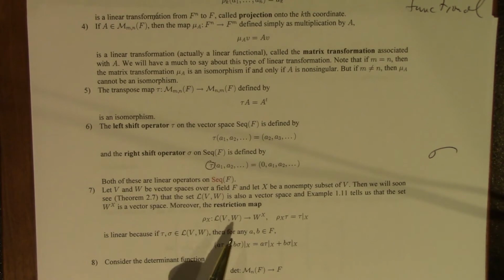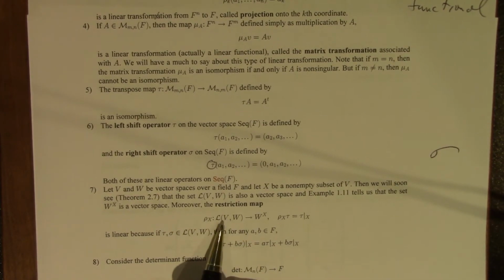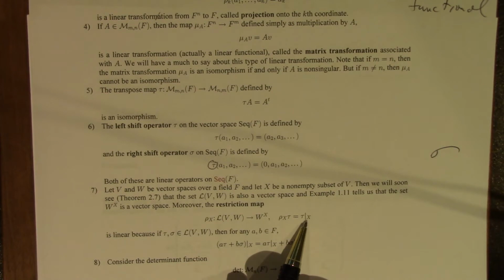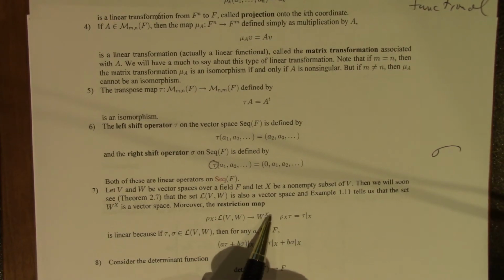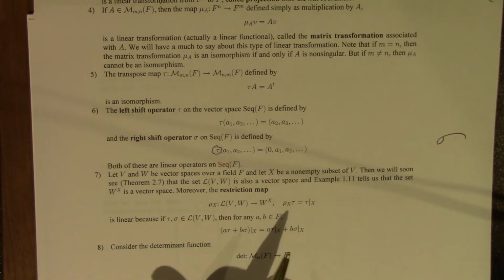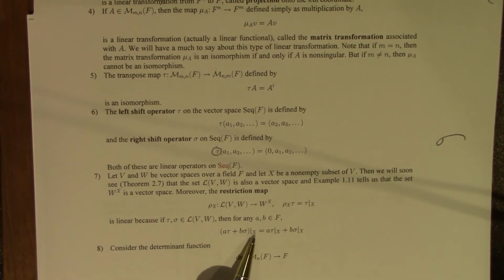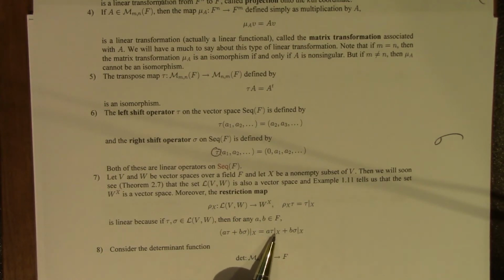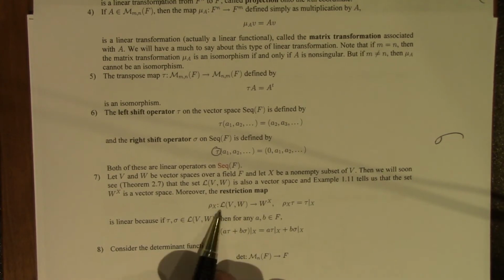Now the restriction map, rho sub X, which takes a linear map from V to W and restricts the domain to X, produces a function from X to W. And this is linear because if we restrict a linear combination A tau plus B sigma to X, we get the same thing as if we restrict tau to X, restrict sigma to X, and then take the linear combination after the restrictions are done. So the restriction map is linear.